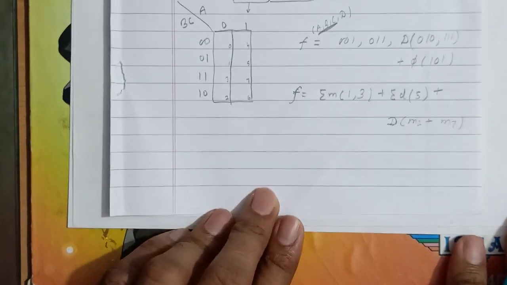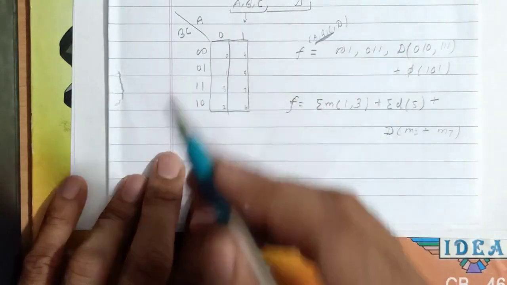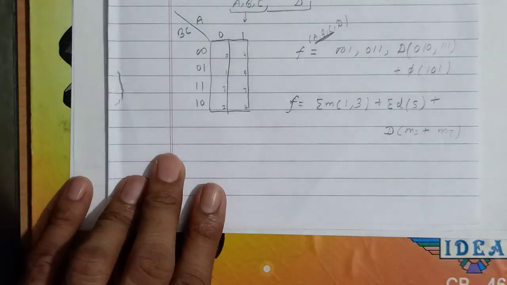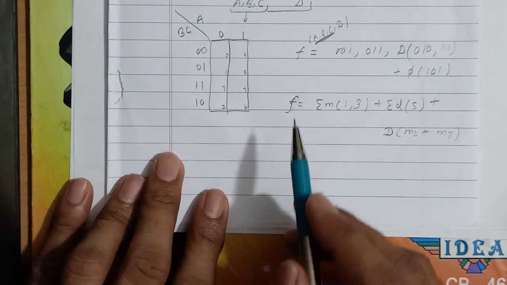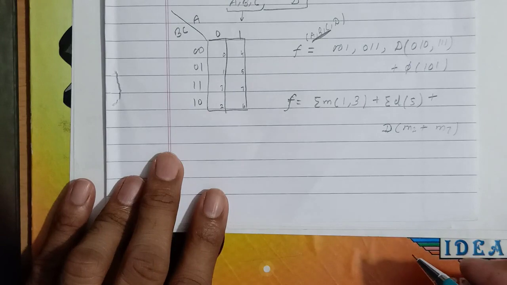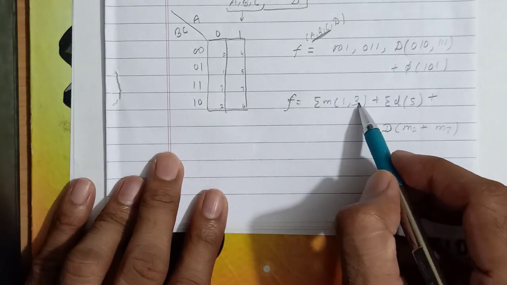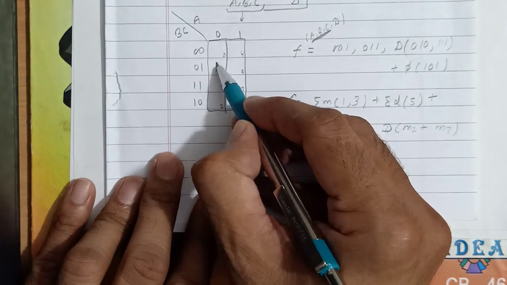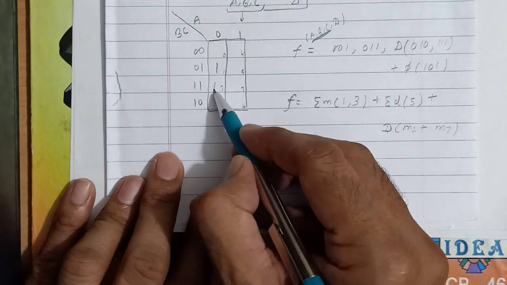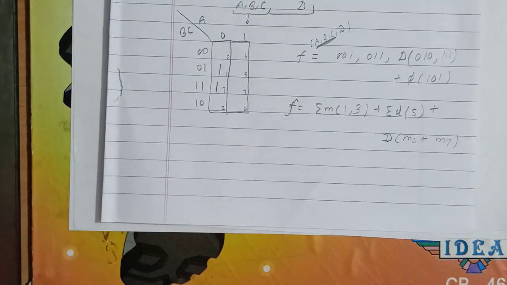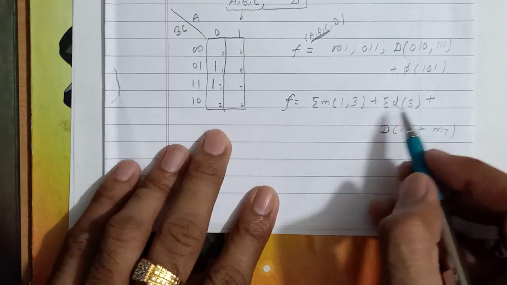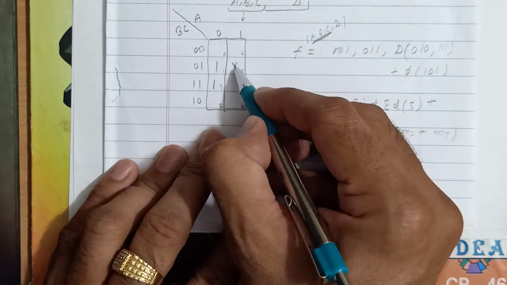So how will you represent this function using a 3 variable K-map? These 1 and 3 are minterms, and 5 is the don't care.